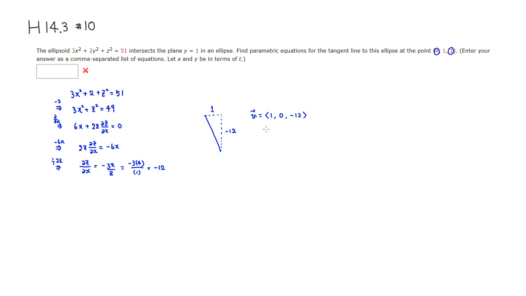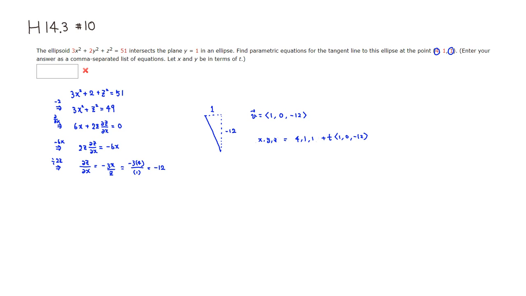So if you want the line, we have x, y, z. This can be found by simply taking this point, 4, 1, 1, and then adding a multiple of this vector, 1, 0, negative 12. I guess I should use vector notation here.